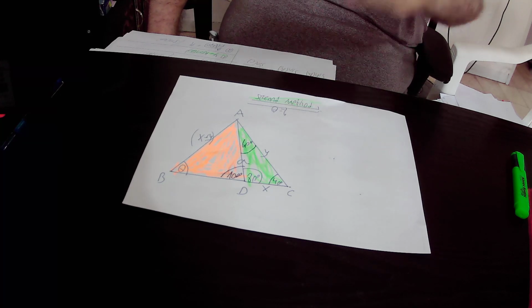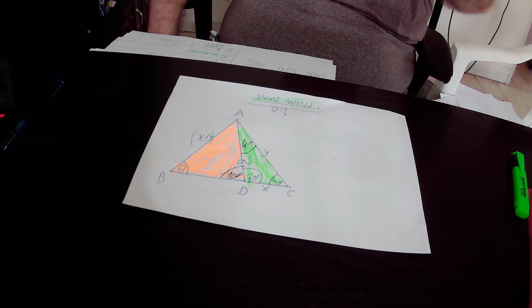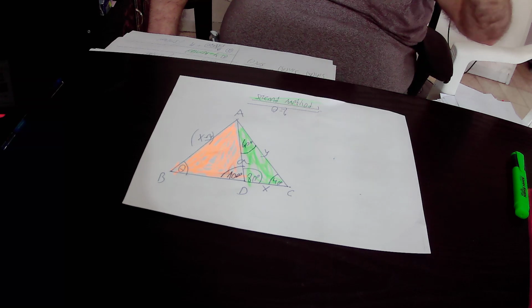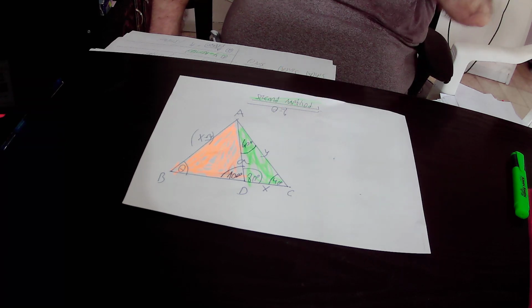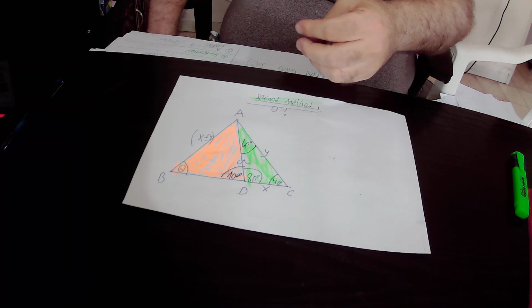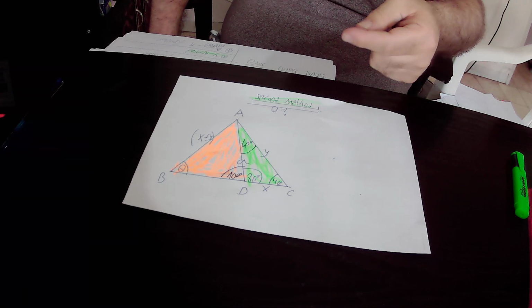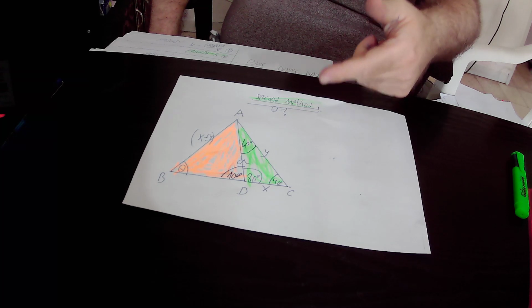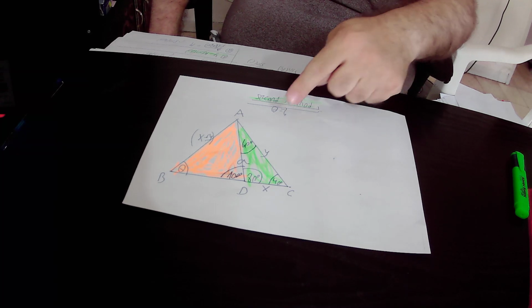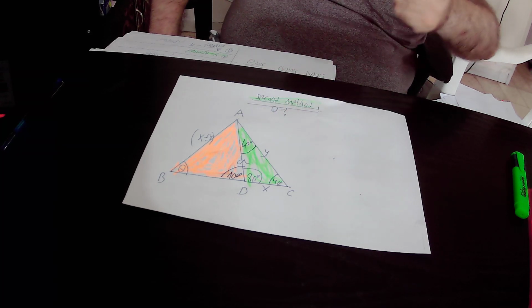So in triangle ADC, we have two angles that sum to 120 degrees. So the third angle must be equal to 60 degrees because 60 degrees plus 120 degrees is 180 degrees. And the sum of the angles in any triangle must be equal to 180 degrees. Therefore, this angle must be equal to 60 degrees.